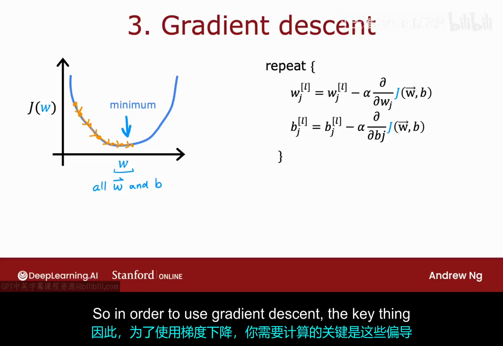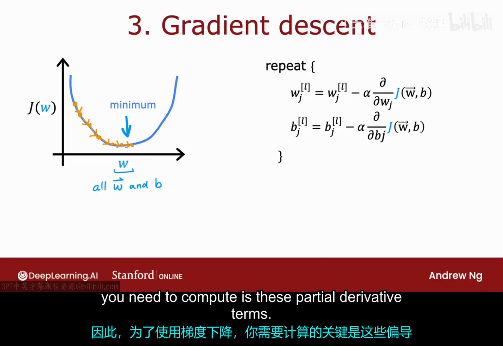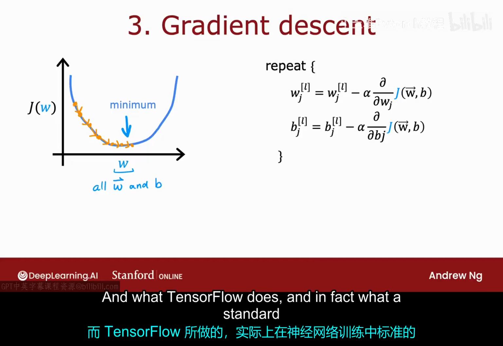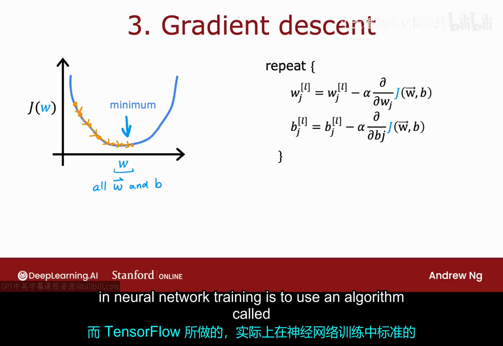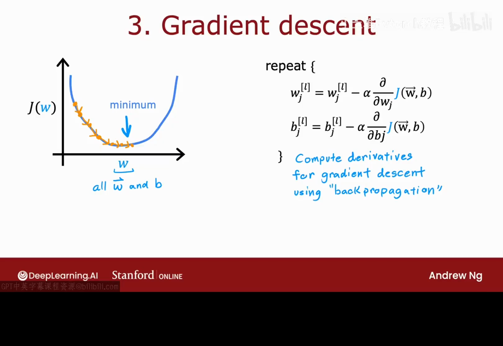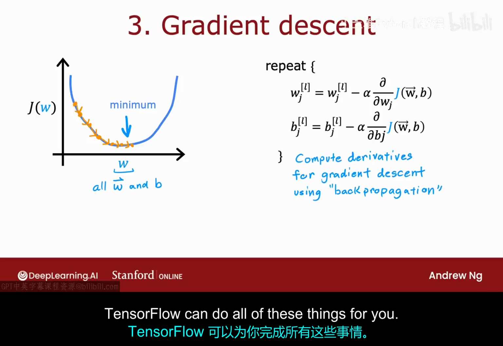So in order to use gradient descent, the key thing you need to compute is these partial derivative terms. And what TensorFlow does, and in fact what is standard in neural network training, is to use an algorithm called backpropagation in order to compute these partial derivative terms. TensorFlow can do all of these things for you.